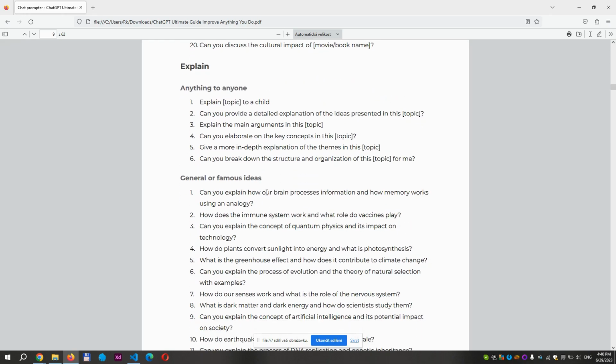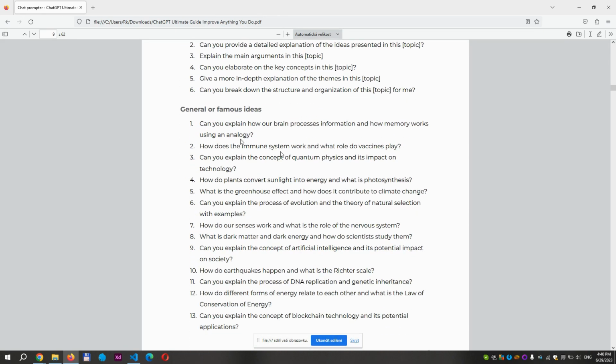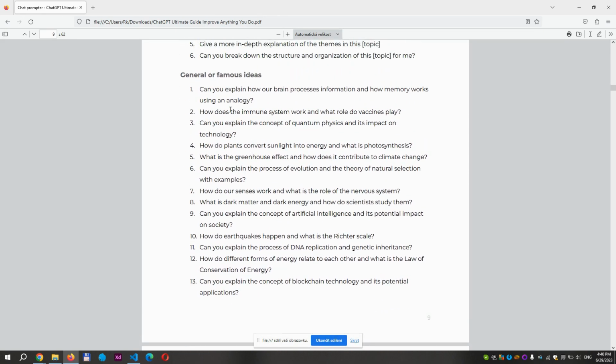So you can talk about specific things, ask for explanation, and then in this part I gave some ideas about the famous known scientific areas, or proofs, or things like that.